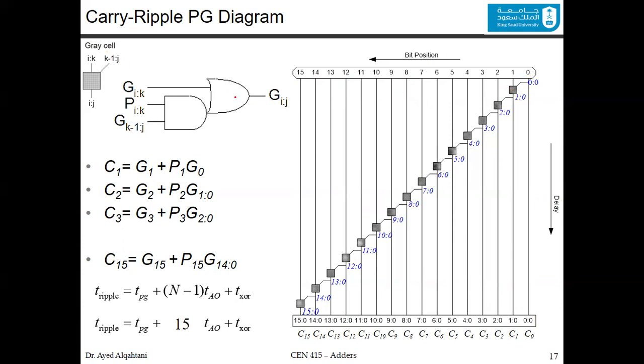So we will introduce this box, or what we call the gray cell. The gray cell is actually the generation equation. It's either generated in the same stage or generated in a previous stage and propagated to the same stage. So instead of drawing the same gate over and over, we will draw this simple box telling you that the generation comes from the same stage or from a previous stage.